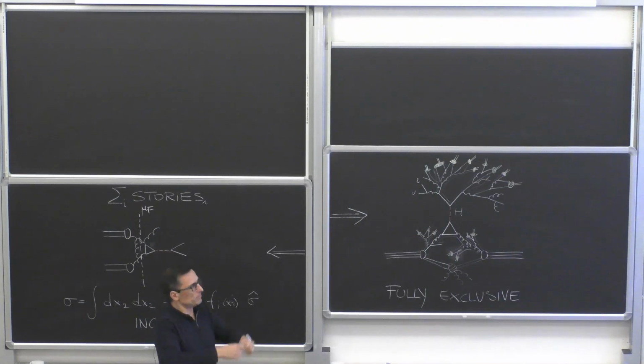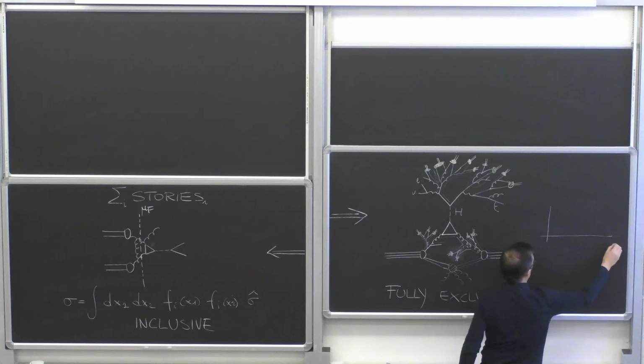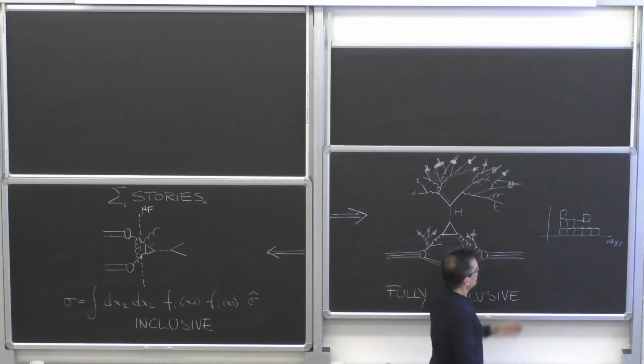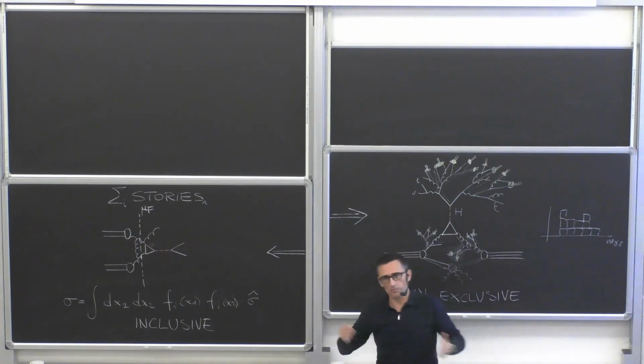Because you generate 10 events. Let's say you do a plot, right? You have an observable here, and then you generate 10 events like this. Something like that. And this distribution of events, after many events, will follow the PDF from theory.